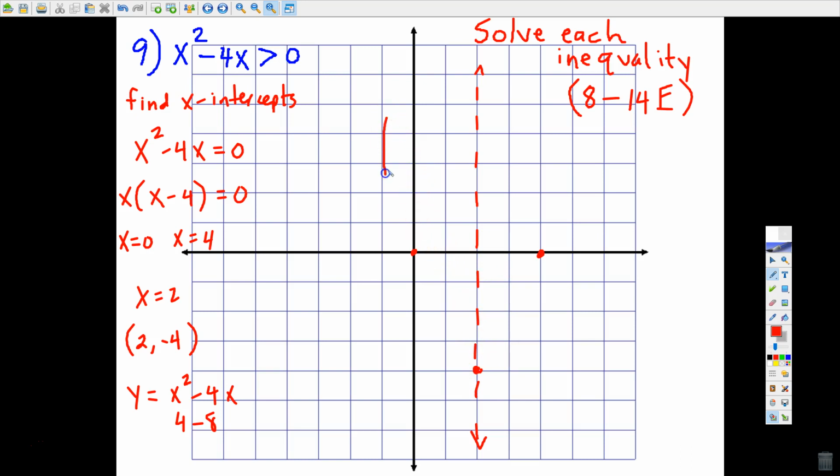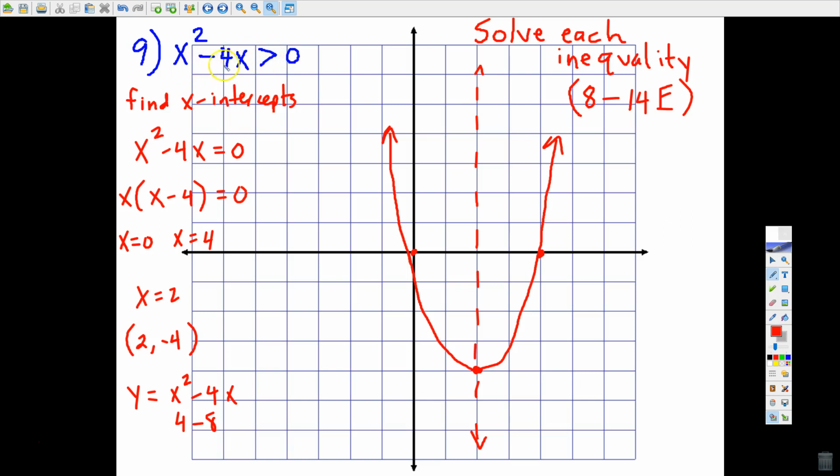So that's going to be sufficient for our parabola. We'll just go ahead and draw through those points. Okay, now that we've got the parabola drawn, let's look at the inequality, because that's going to help us identify how to get to the answer.